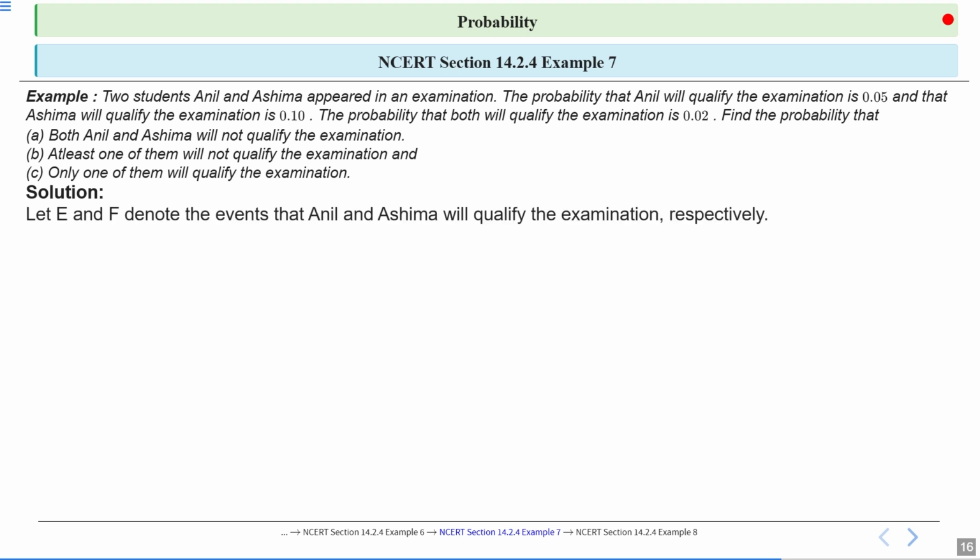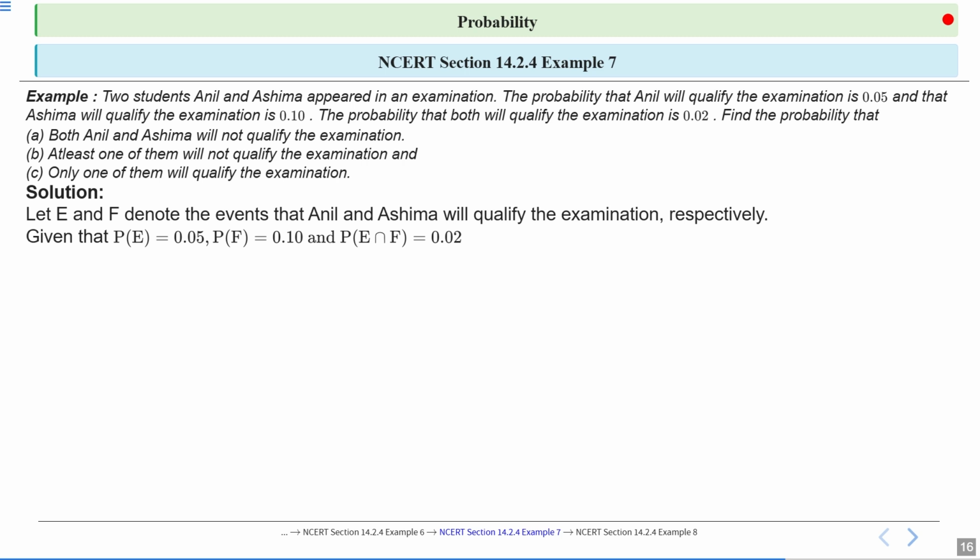So first we let E and F denote the events that Anil and Asima will qualify the examination. The event E describes that Anil will qualify the examination, and the event F describes that Asima will qualify the examination.